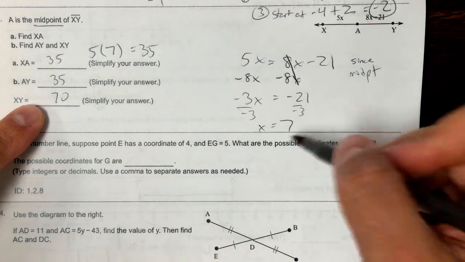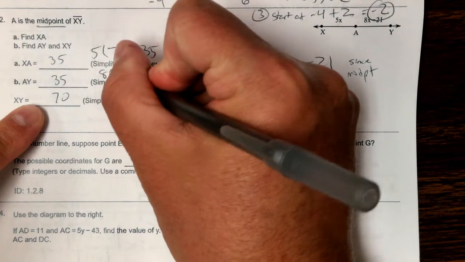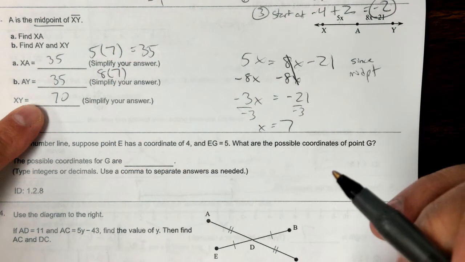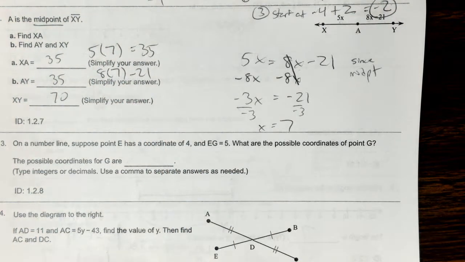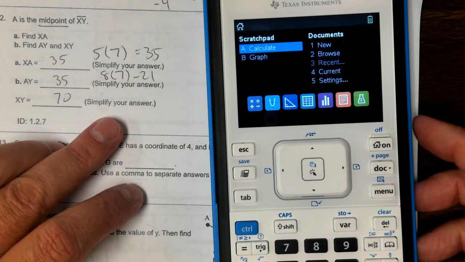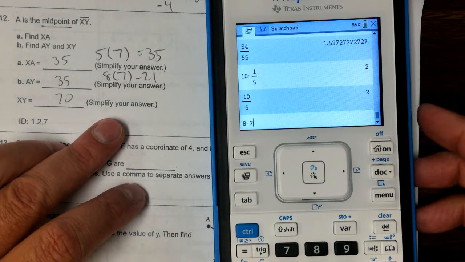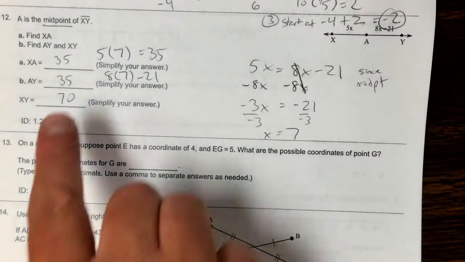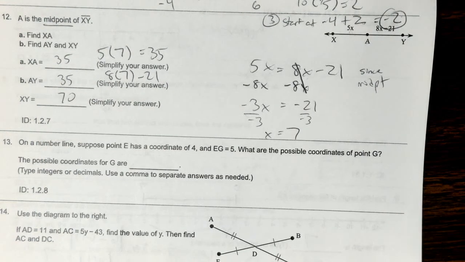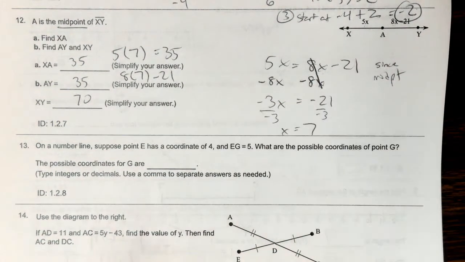So 8 times 7 is 56 minus 21. So 8 times 7 minus 21, that's 35. And so it worked. And then you can either add them or you can multiply by 2. Okay.